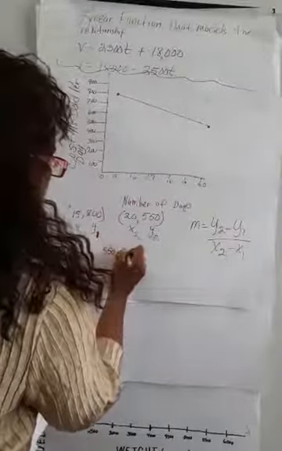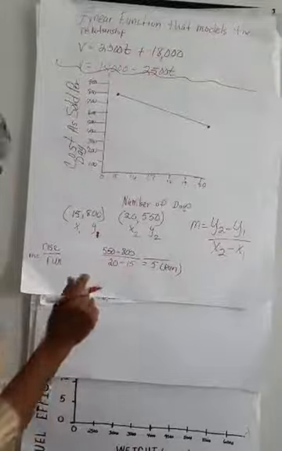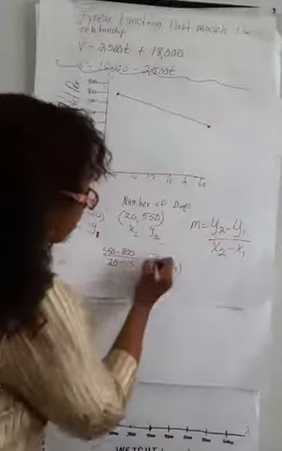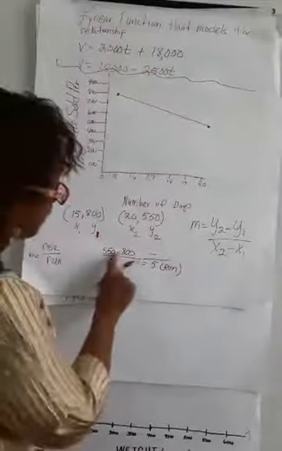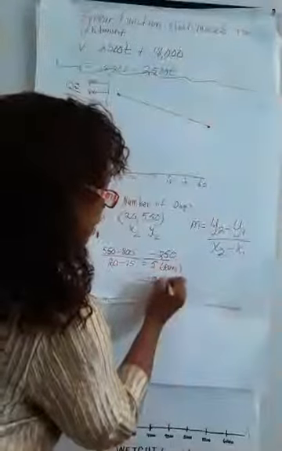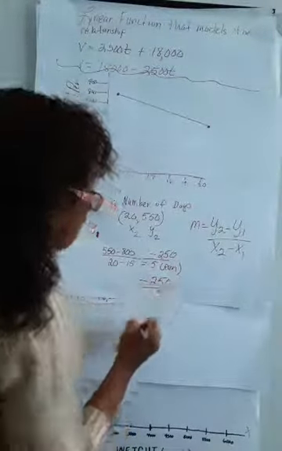So it asks you what's your run. This bottom number is your run. So your run is going to be 5. And this right here is going to be your rise. So what's the difference between 550 and 800? You know 800 is the largest number, so it's going to be a negative something. Negative what? 250. So it should be a negative 250 over 5.